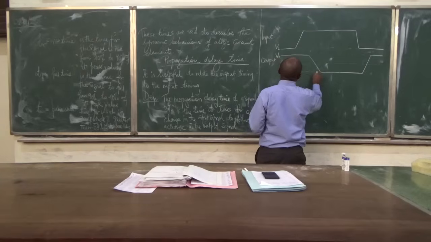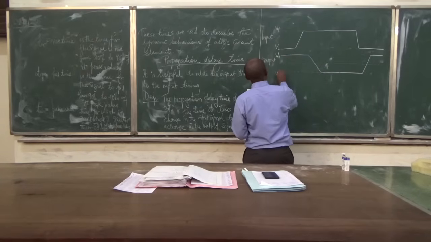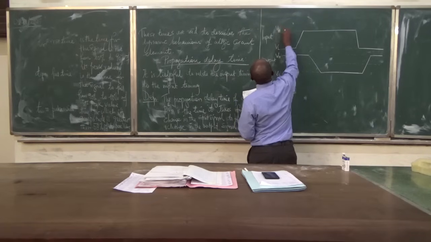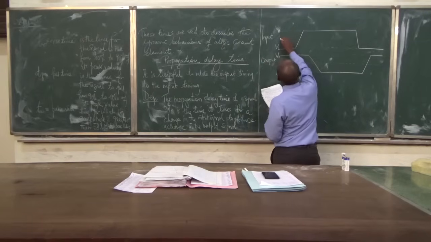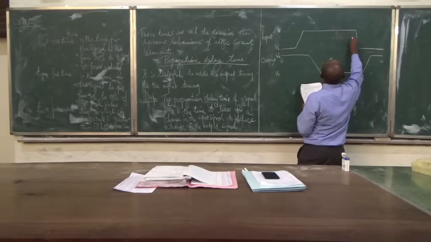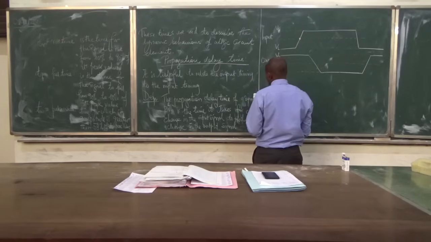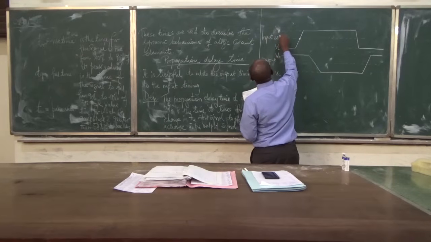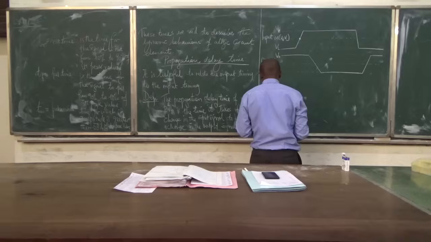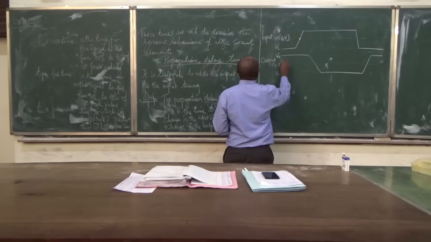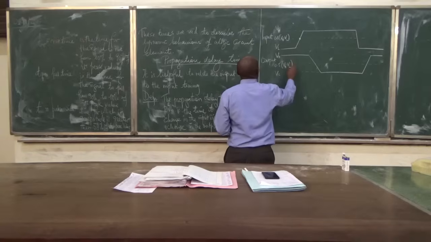The output. This is the VL for the output. This is VH, not input. And then also the half, 50% of the input. So this is 0.5 of VH minus VL, half of this peak to peak, which is VH minus VL.